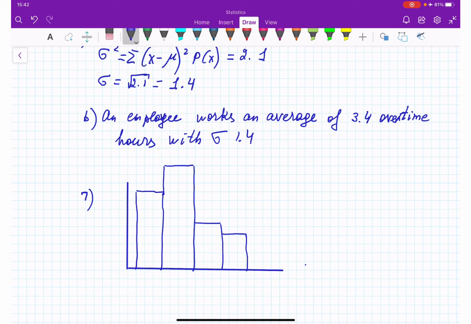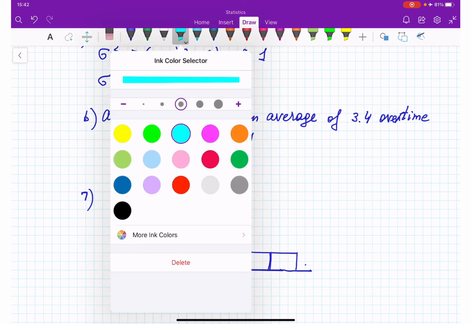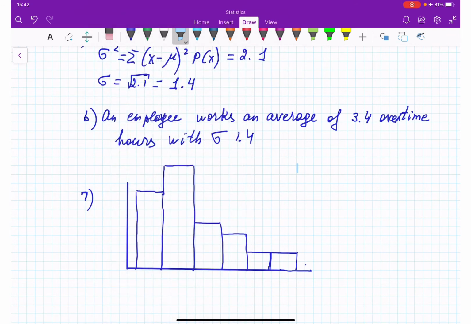And here it's going to be identical. 2, 3, 1, 2, 3. Okay, so let me shade it. I'll shade it light. Because that's a histogram.